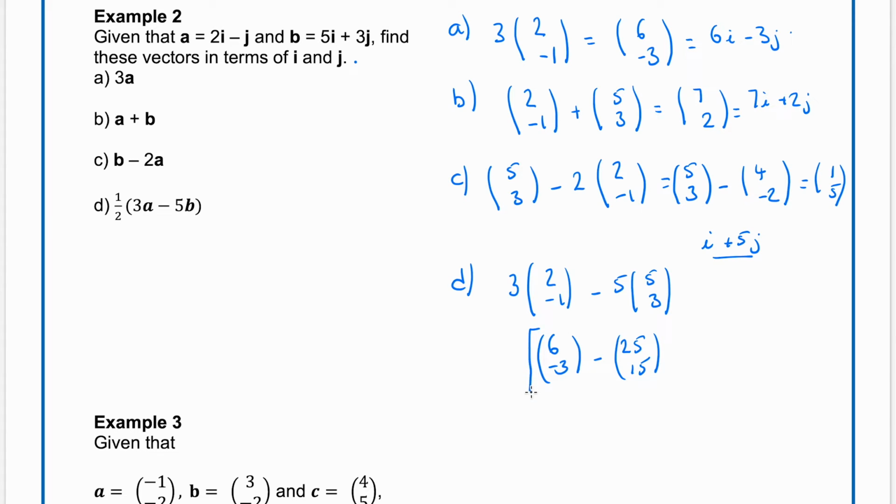And we're going to work out 1/2 of this, given here. So we have 1/2 of 6 take away 25, which is minus 19, and a negative 3 take away the 15, so minus 18. So this works out as minus 9.5 and minus 9.